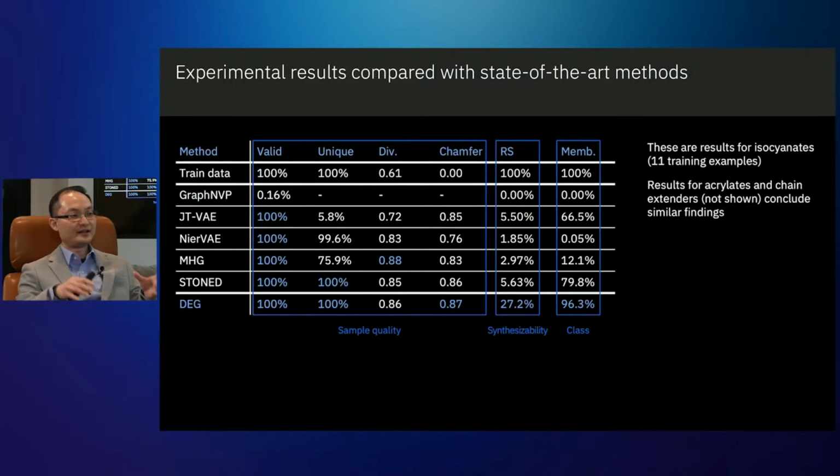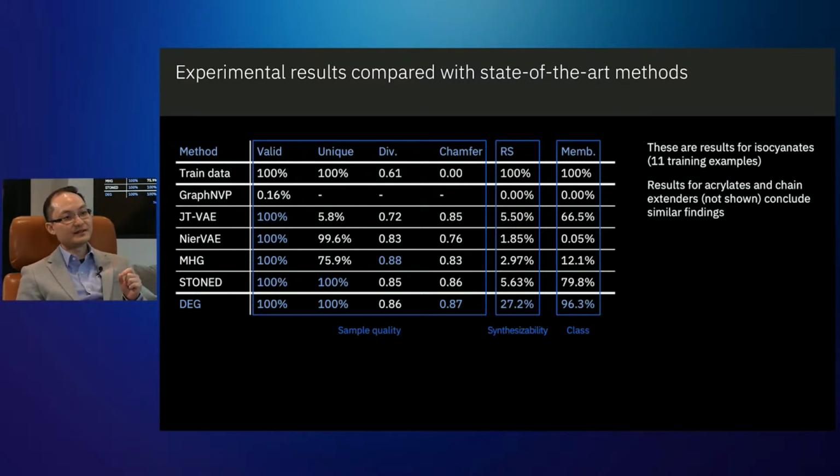So when they build a model, they want to generate data that forms a distribution aligned with the original distribution. So we have all these 4 metrics that measure how well such alignment of the distributions is. And then, unsurprisingly, we also have a metric that tells us the proportion of the molecules that can actually be synthesized. Yet one more interesting thing is that we have another metric, which is called membership.